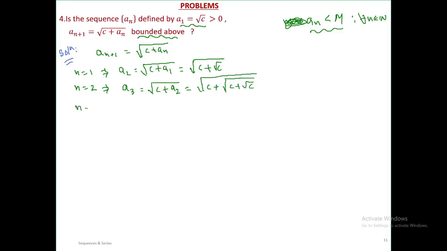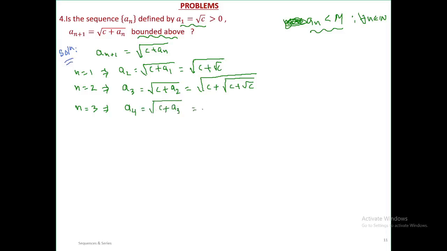So if I substitute n is 3, what will you get? Substitute n is 3 here in this recursive formula. You will get a4, fourth term. So c plus, I am substituting a3. So what is a3 now? a3 means this one.